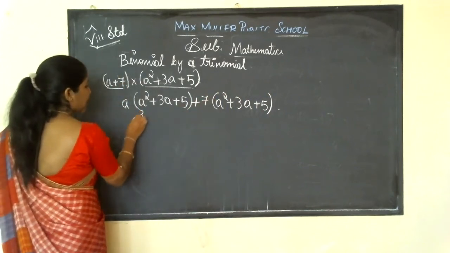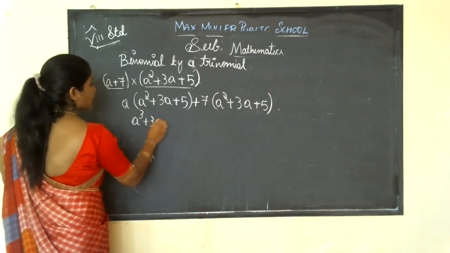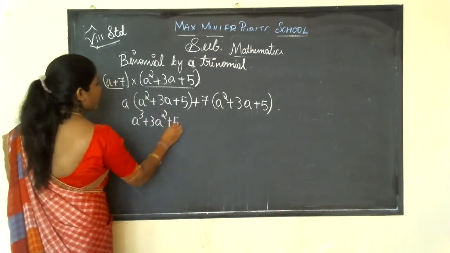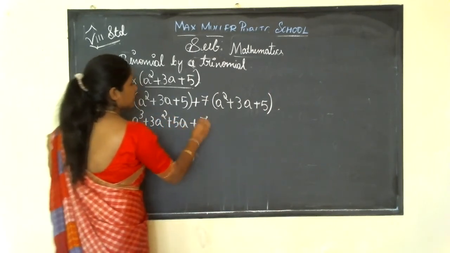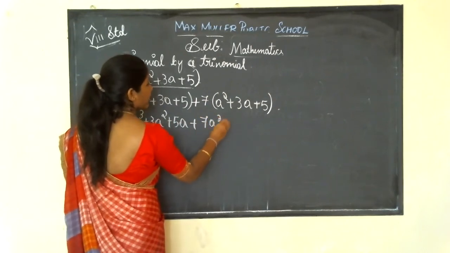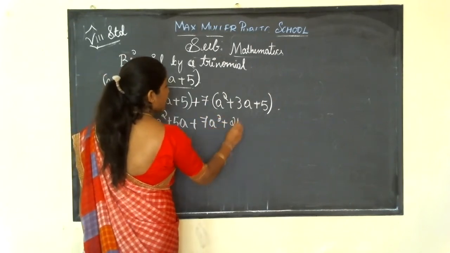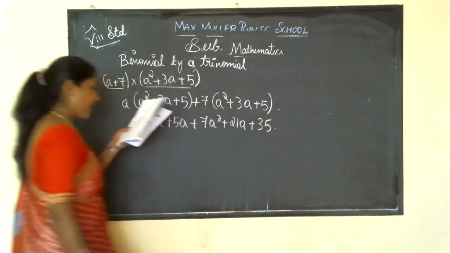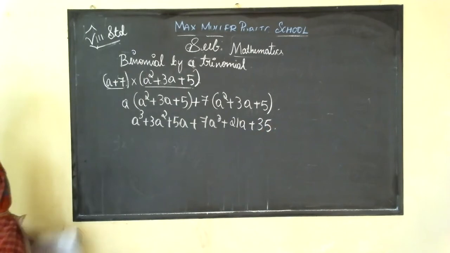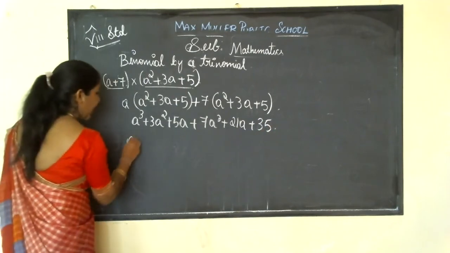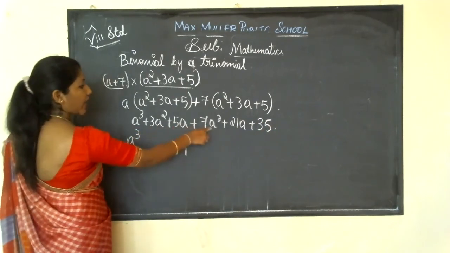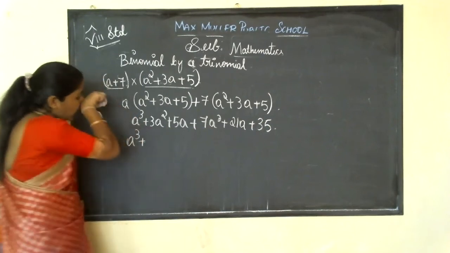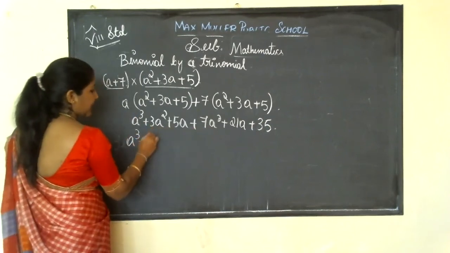So it becomes a cube plus 3a square plus 5a plus 7a square plus 7 3s are 21a plus 7 5s are 35. Okay, now write a cube, a square terms 7, 8, 9, 10.